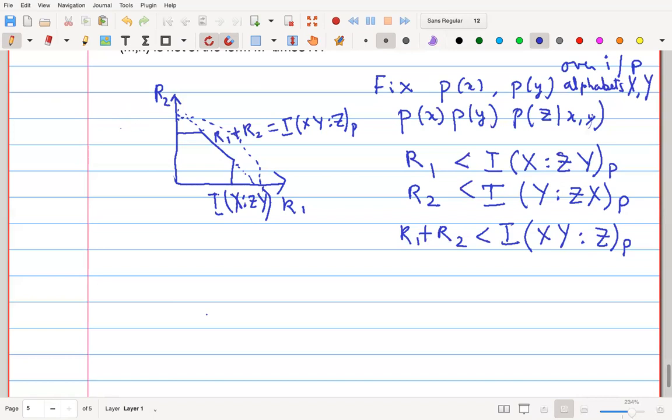And similarly, if we want to really optimize from Bob to Charlie at the expense of Alice, it will be a similar consideration. It will be as if Charlie already has Alice's input for free. So he has the channel output Z and Alice's input codeword X, and now the maximum rate will be the mutual information from Y to Z given X. So these are the bounds on the individual rates, and then there's a sum bound.